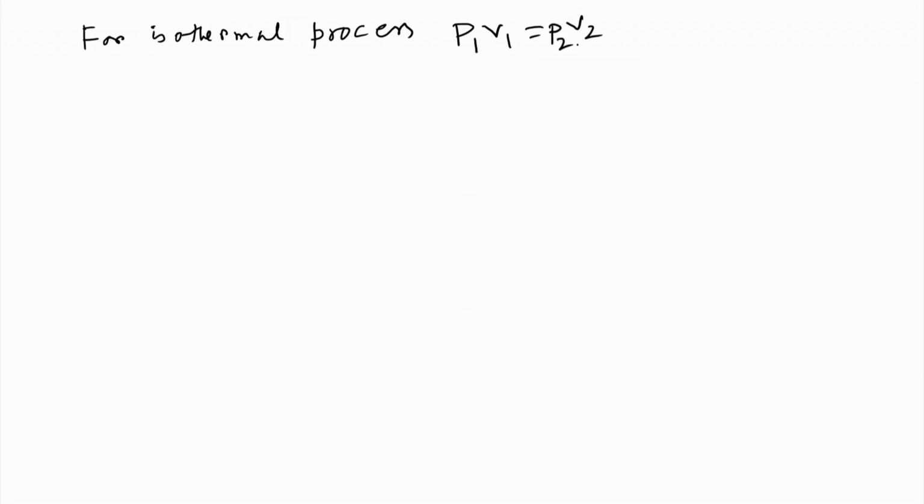So, for isothermal process, we already discussed in the last class. For isothermal process, we know P1 V1 equals P2 V2.